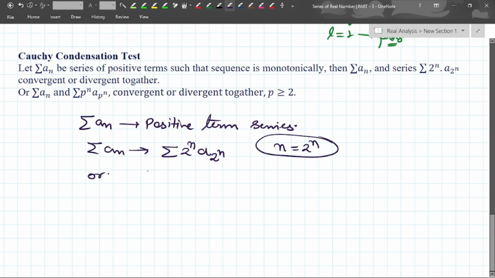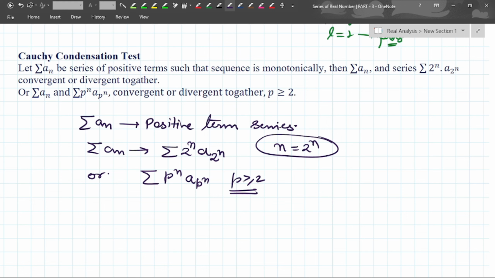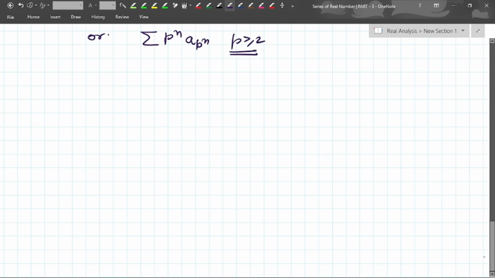Or you can say it is a power p power n, where p is greater than or equal to 2. Then you will apply this test. Now, which test? It converges or diverges together.